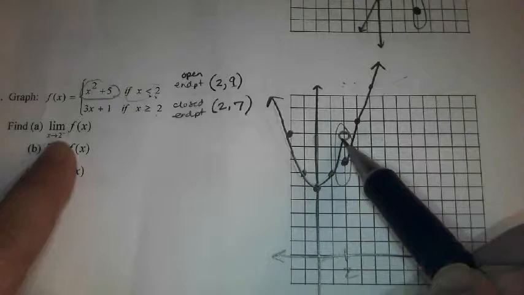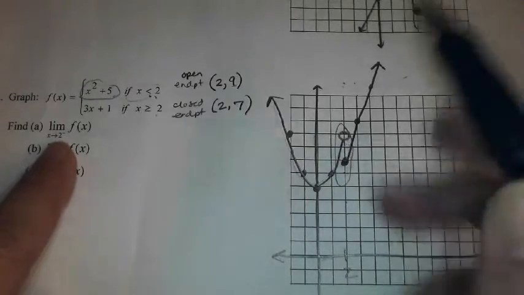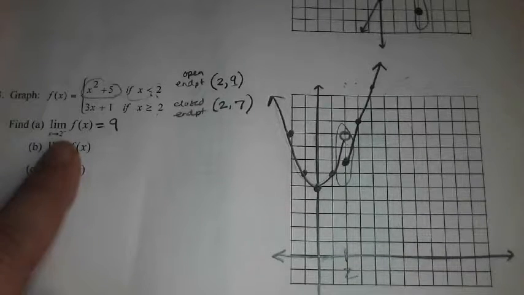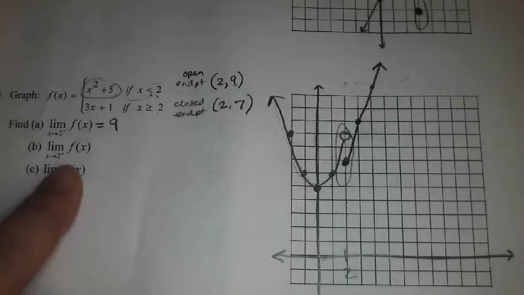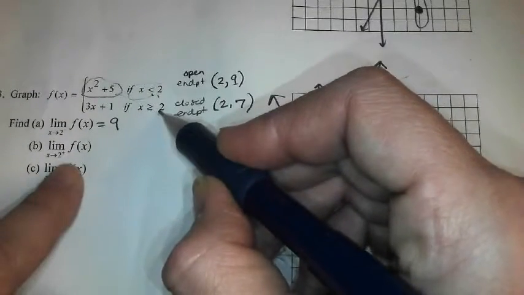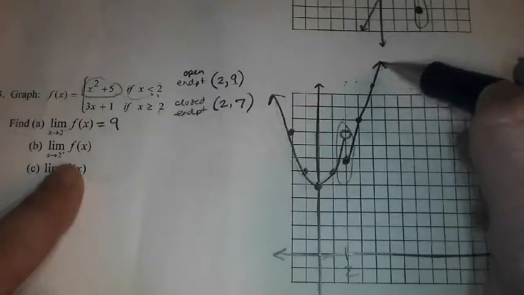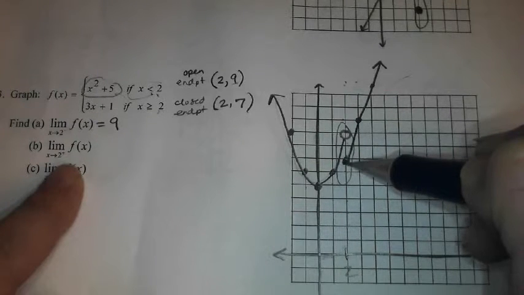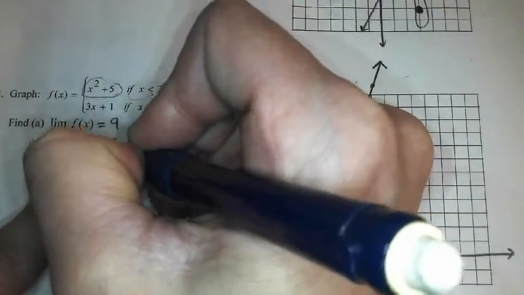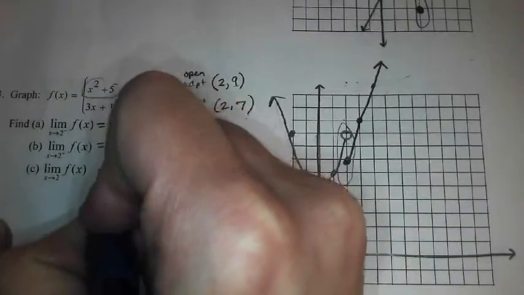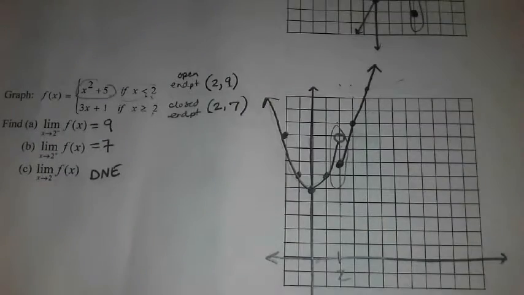It never actually reaches 9, but that's the limitation it's pushing. So this equals 9 if you're coming at 2 from the left. If you're coming at 2 from the right, you're using the second interval. Numbers bigger than 2. If you're coming at that, your y-coordinate is pushing, and actually gets to it this time, 7. And do they match? No. So the overall limit does not exist.